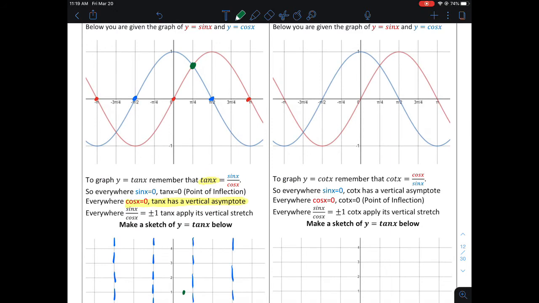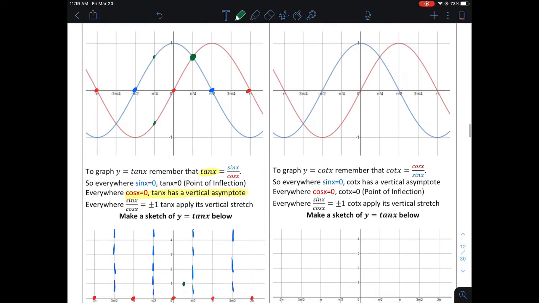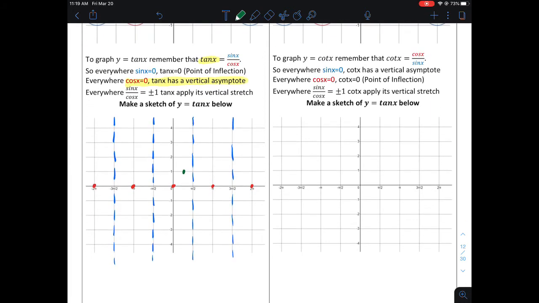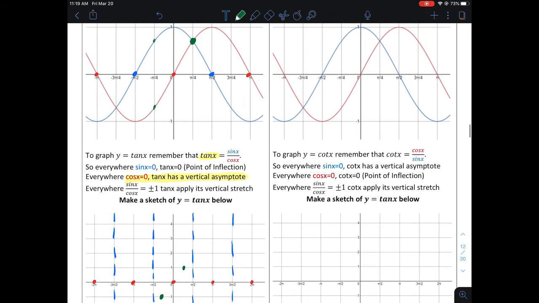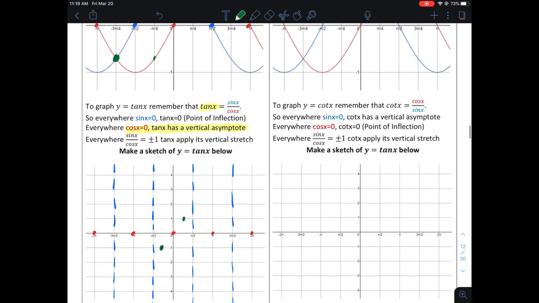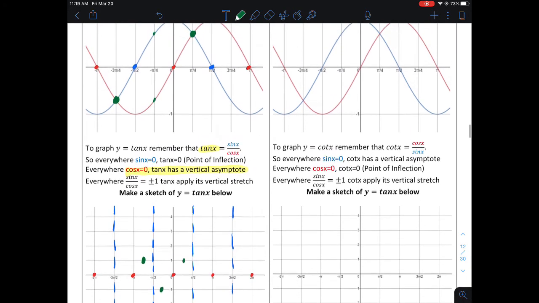At negative pi over 4, remember on your unit circle, sine and cosine have the same values, but one's positive, one's negative, which would make a negative value for tangent. So at negative pi over 4, tangent is negative. And I'd say, all right, well, let's keep going and get more data points here. They equal the same thing. The lines intersect again at negative 3 pi over 4, which would make positive 1. So at negative 3 pi over 4, I got positive 1.